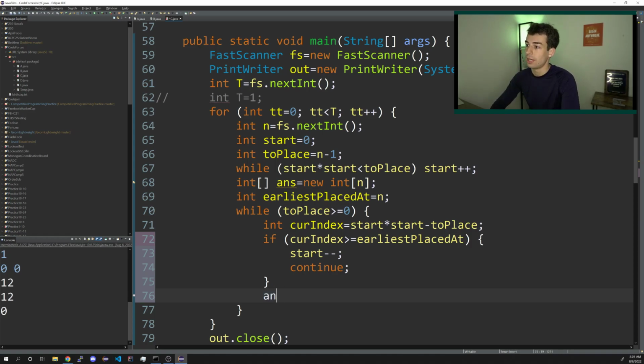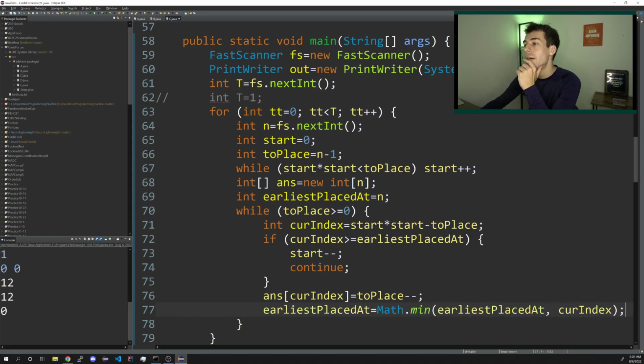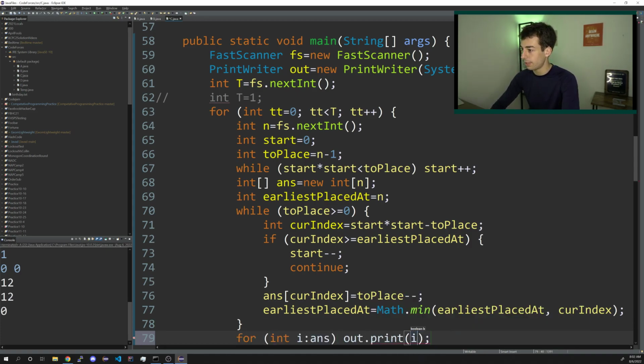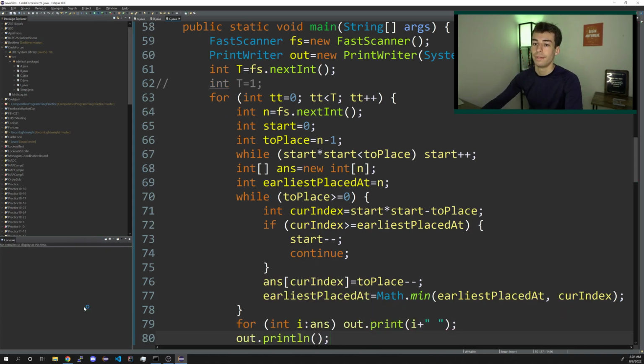Otherwise, ants at per index will be to place, then to place minus minus, and then earliest placed at equals math.min of earliest placed at or per index. And then for int i in ants, out.print i plus a space, out.println. I think we're good.